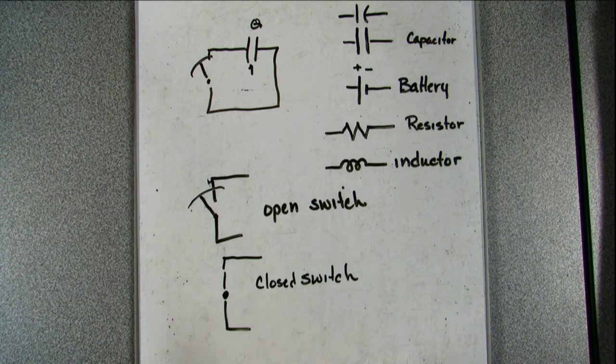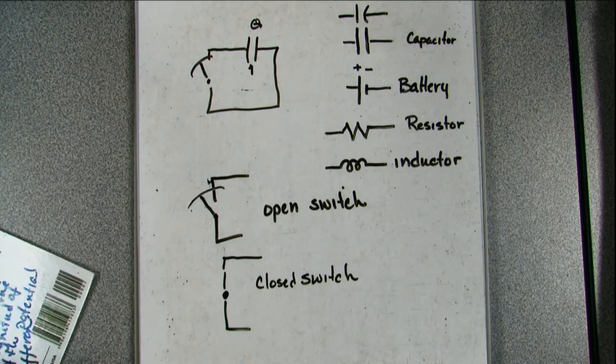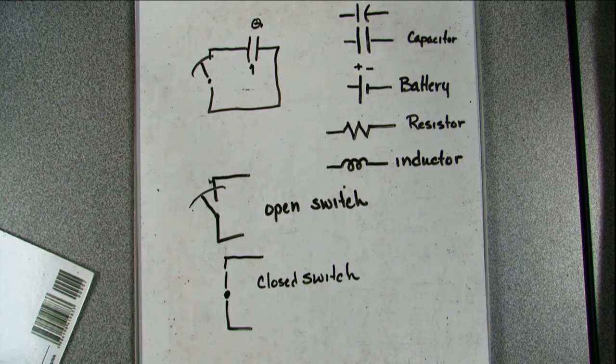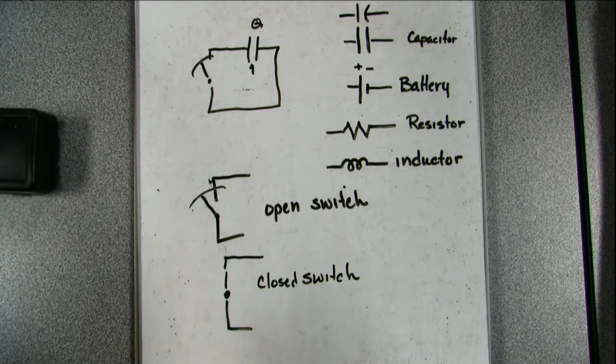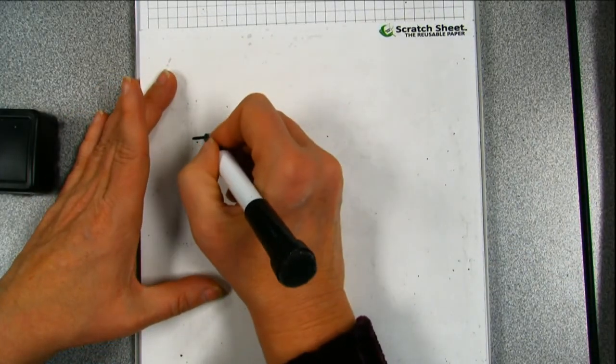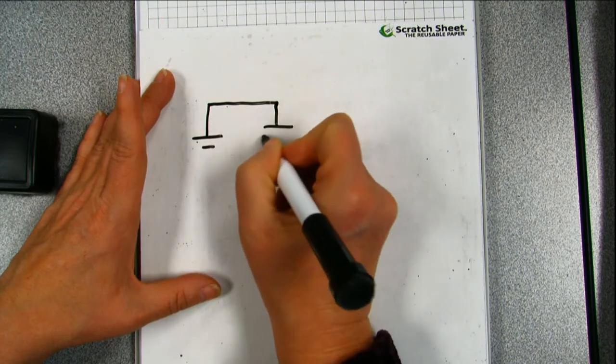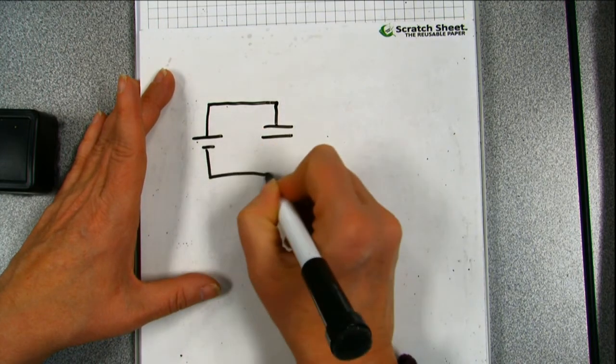And Ben Franklin got it wrong, remember, and this is one of those things we're going to worry about. So just from a symbology point of view, if I have a circuit, and we're going to start with circuits that look like this, a circuit with a capacitor and a battery in it.